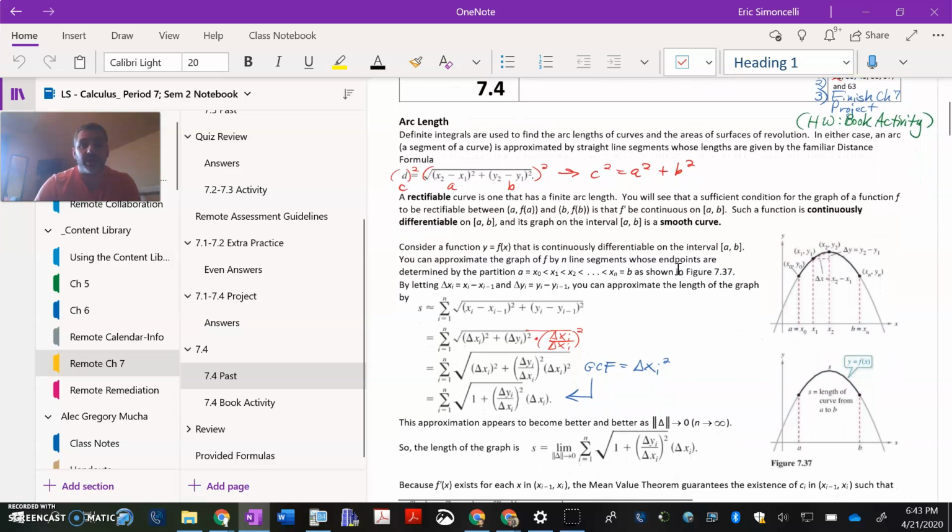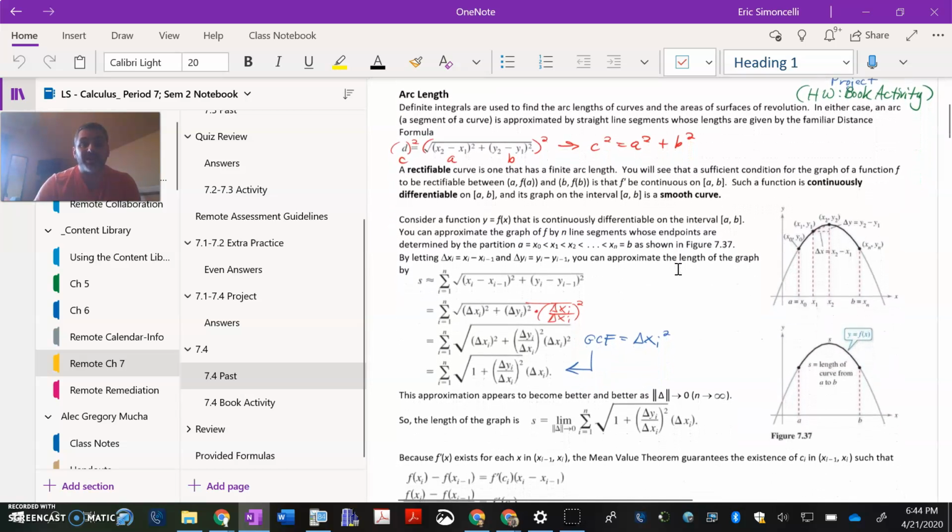As we continue on, it says a rectifiable curve is one that has a finite arc length. You will see that a sufficient condition for the graph of a function f to be rectifiable between (a, f of a) and (b, f of b) is that f prime be continuous between a and b.